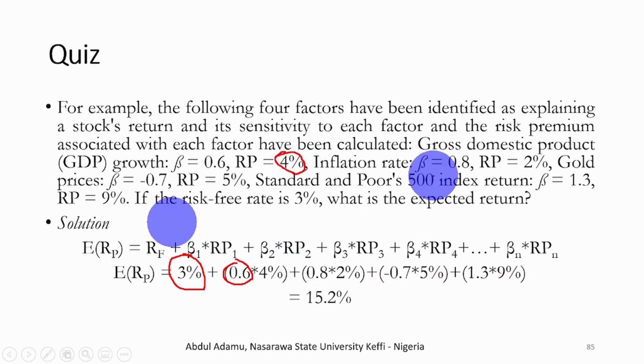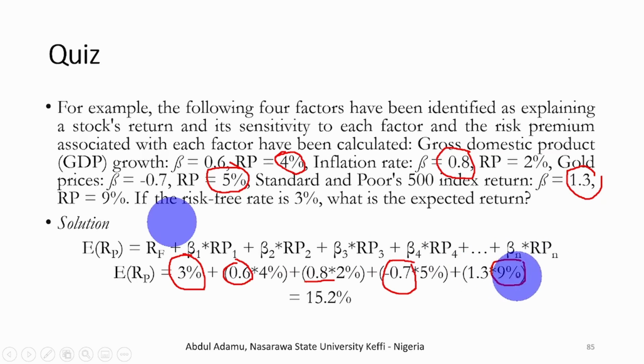Beta 2 is inflation, 0.8. You can see it clearly here. We multiply it by the risk premium, which is 2%. For gold, minus 0.7. We multiply it by 5%, which is the risk premium for gold. S&P, that is the index of the market, the beta is 1.3. We multiply it by 9%.